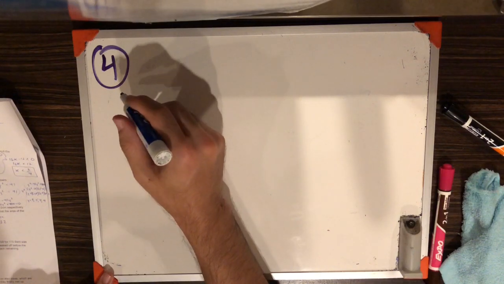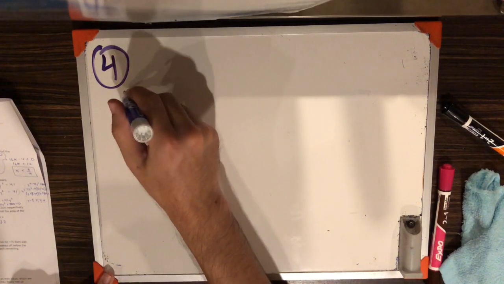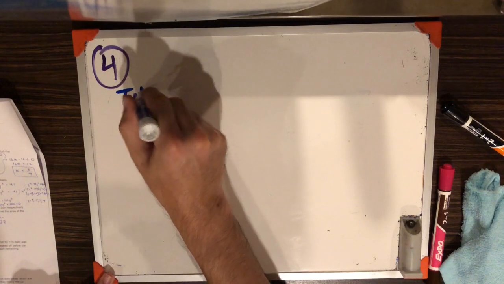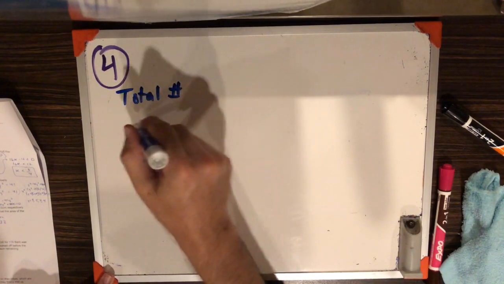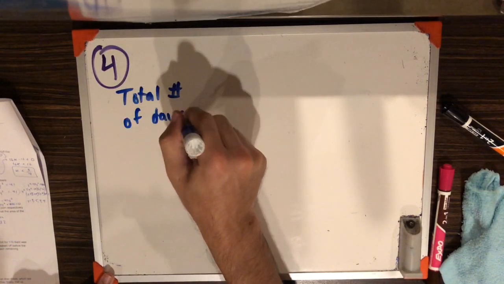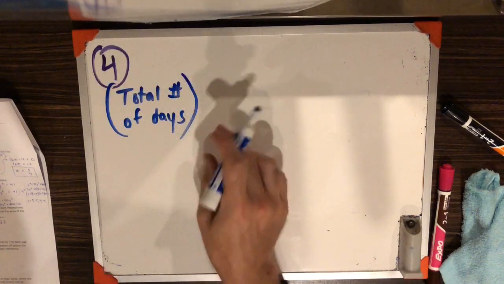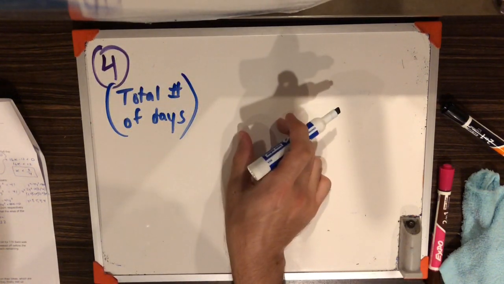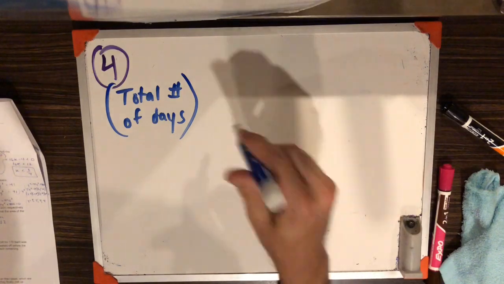We can basically set this up in a quick little formula, right? And this should make sense to you. So the total number of days, well, if we take the number of days and multiply it by the number of miles that each person rode, that should be the number of total miles, right?